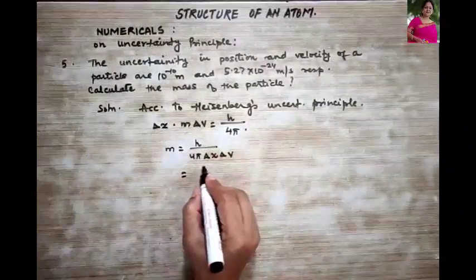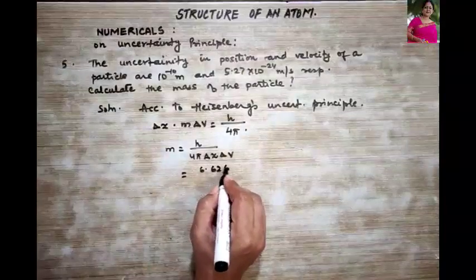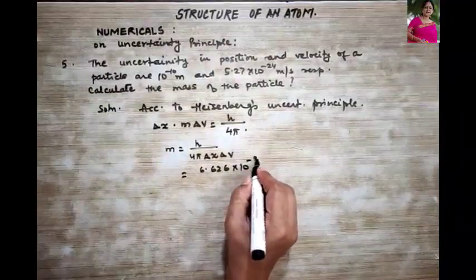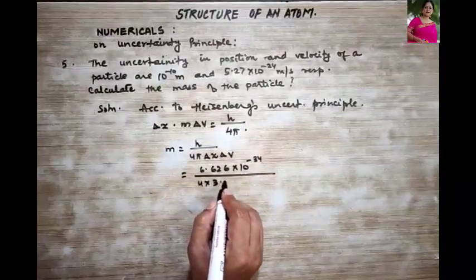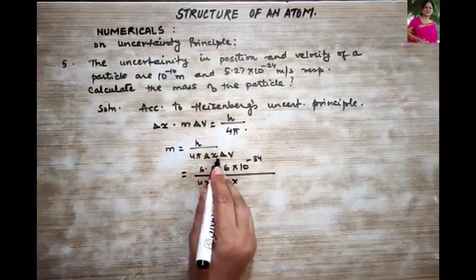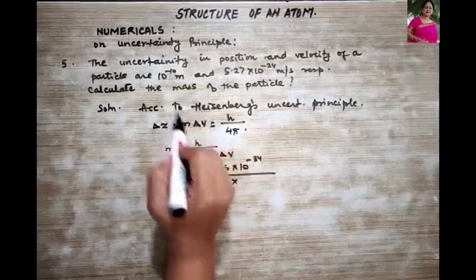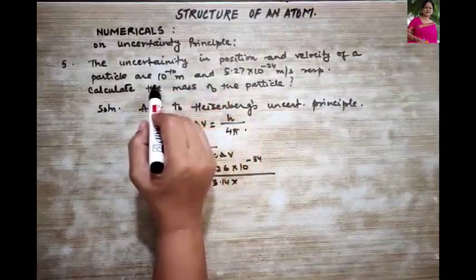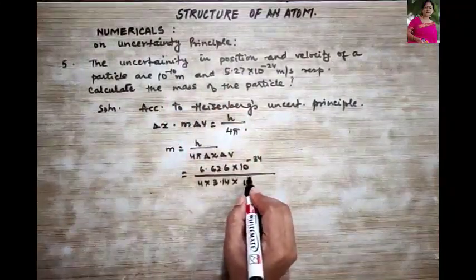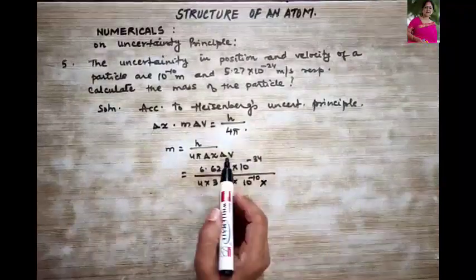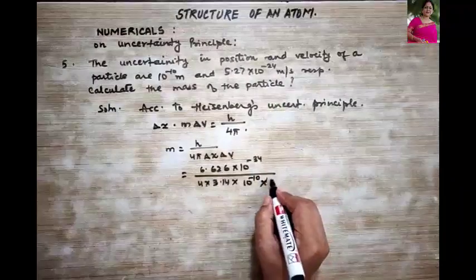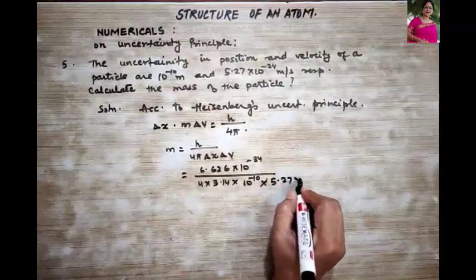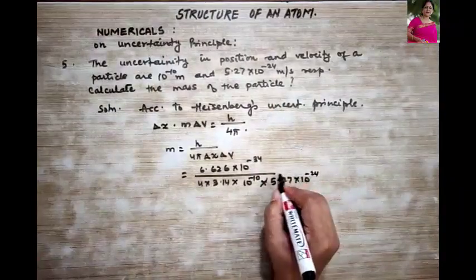Now place all the values. 6.626 into 10 to the power minus 34 upon 4 into 3.14 into how much is delta x given to you? That delta x is uncertainty in position, that is 10 to the power of minus 10, and delta v is uncertainty in the velocity, that is 5.27 into 10 to the power minus 24.